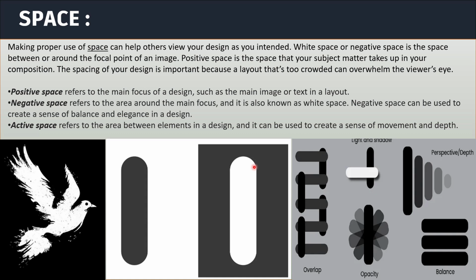So always remember, whenever you are making any composition, whether it be 2D or 3D, make sure you add some space to it, like negative space or positive space, anything it could be. It will add a very nice effect and touch to your 2D or 3D compositions. Active space refers to the area between the elements in design. That is what I am talking about, and it can be used to create a sense of movement and depth.